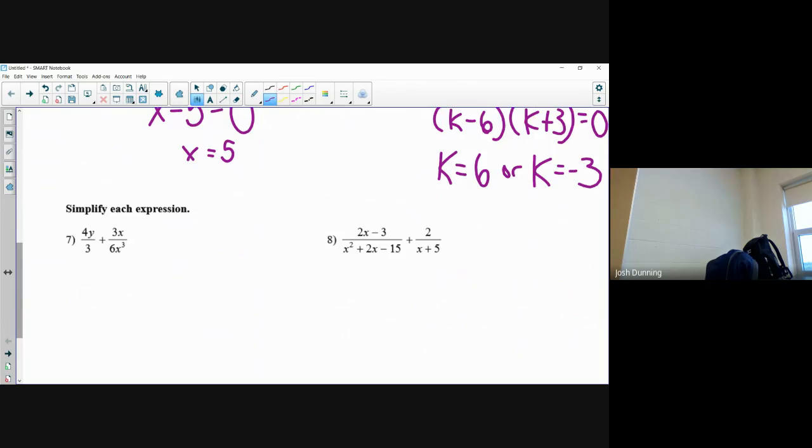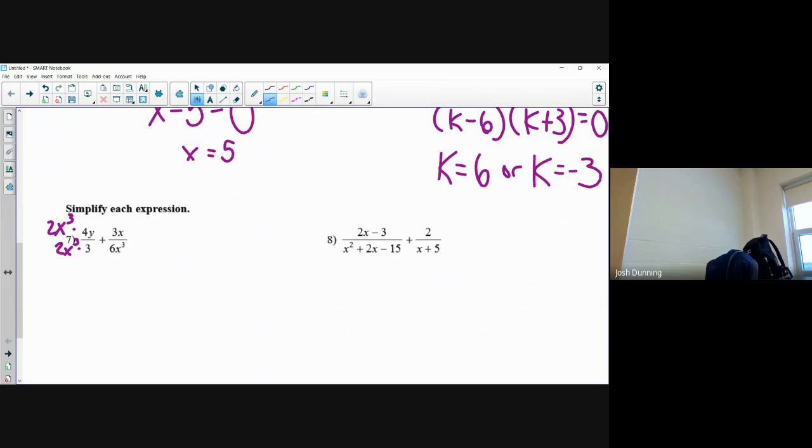But if you recognize, hey, I can turn a 3 into a 6 easily by multiplying by 2, that'll save you some work. Also, that first fraction needs x cubed, so I'm going to multiply the first one by 2x cubed, top and bottom. I don't even have to do anything to the second one. It'll match the first one after I just take care of the first one.